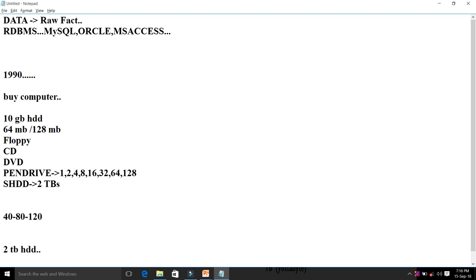What is the reason? The main reason is that our data has increased, right? Now, in which form has data increased? That is a very important thing. As I told earlier, data is stored in an RDBMS, and an RDBMS is able to process only structured data.